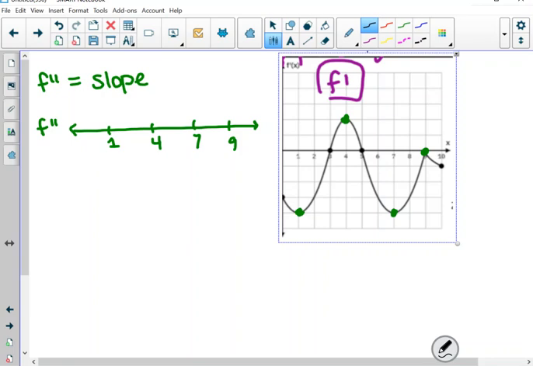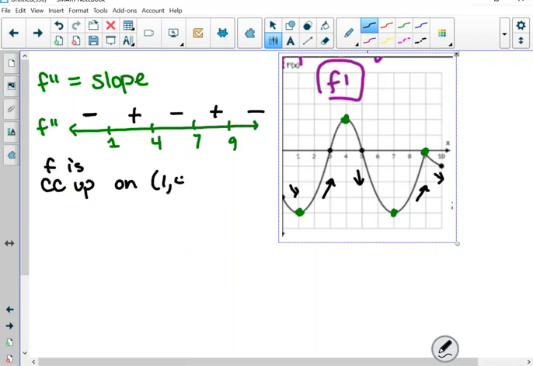So let's go ahead and do this. Negative slope, and then a positive slope, and then a negative slope, and then a positive slope, and then a negative slope. Downhill, uphill, downhill, uphill, downhill. So F is concave up on 1 to 4 and 7 to 9, where F double prime is positive.